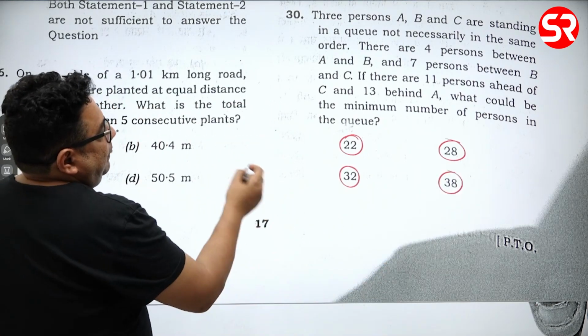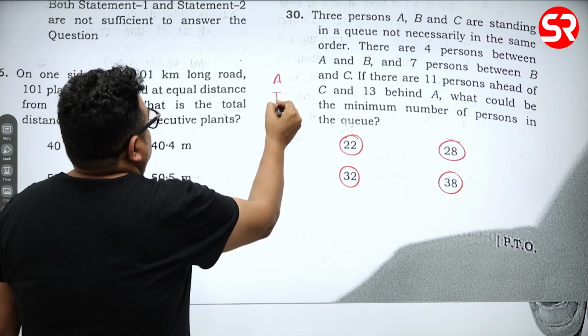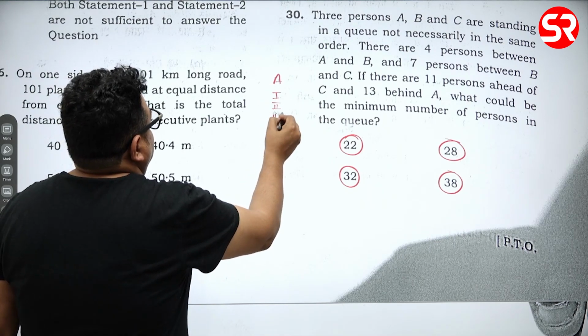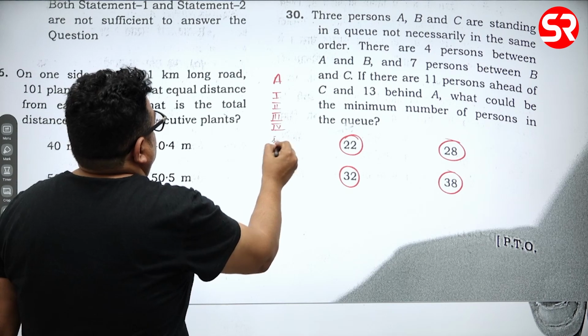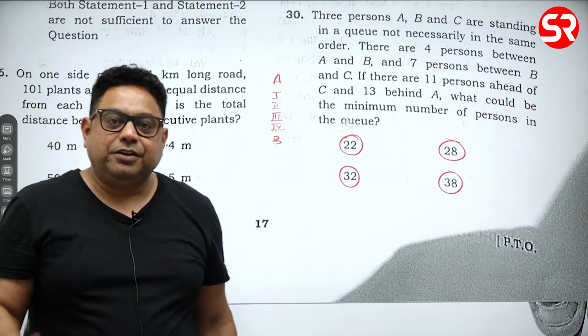So let's see. 4 people between A and B: A, 1, 2, 3, 4, B. 7 people between B and C. If you are smart, you have to understand that you have to minimize.